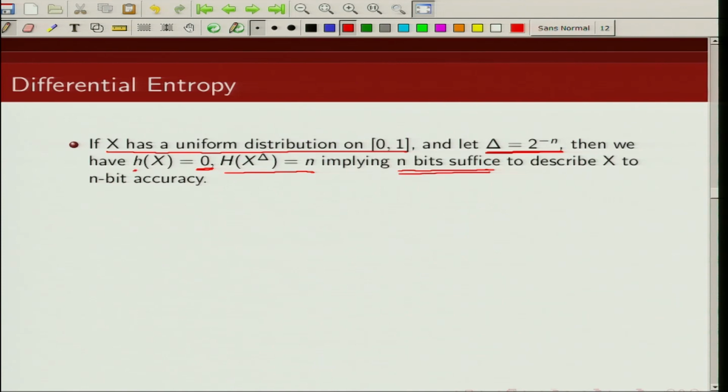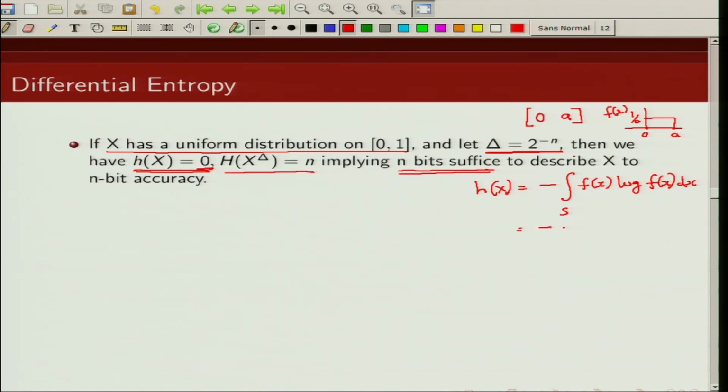Now here we have made use of the fact of what is the differential entropy of a uniformly distributed random variable. So if you have a random variable which is uniformly distributed between 0 to A, its differential entropy from the definition, h of x, is given by minus the integral over the support of f of x log of f of x dx. Now if it is uniformly distributed between 0 to A, it looks like this. So 0 to A is uniformly distributed. So this will be 1 by A, this is my f of x.